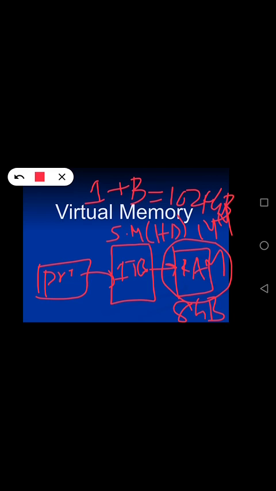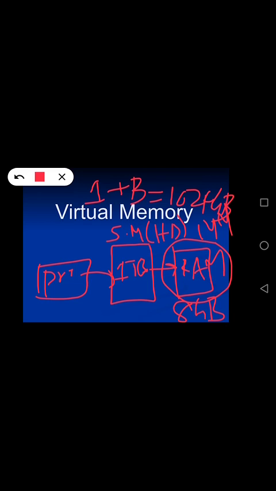So if there were no technique called virtual memory organization, it would not be possible to execute any program whose size is larger than main memory. In general, we don't see such restrictions while developing a program.